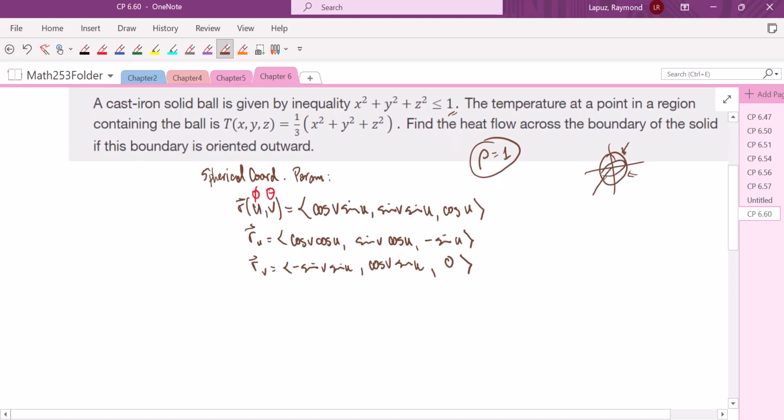All right. We will need to take the cross product of ru and rv. Let's see if this will turn out nicely. This first component is going to be negative cosine v sine squared u.